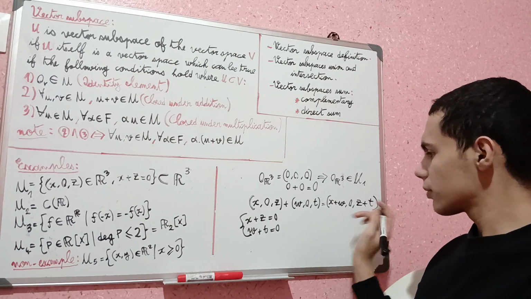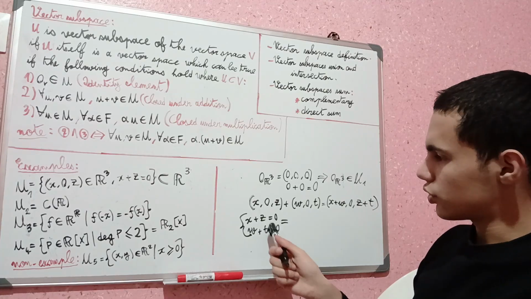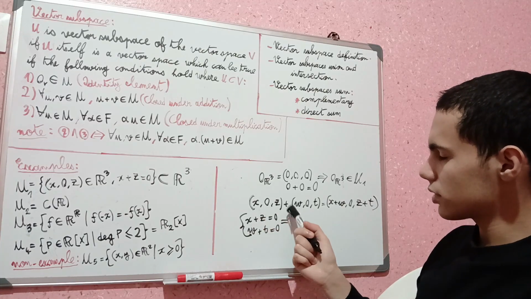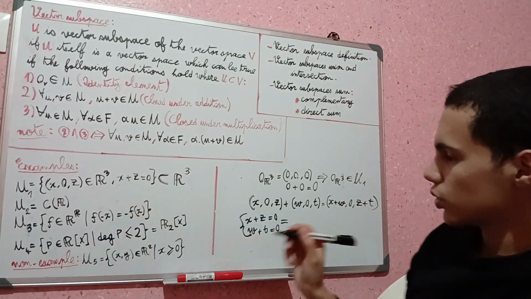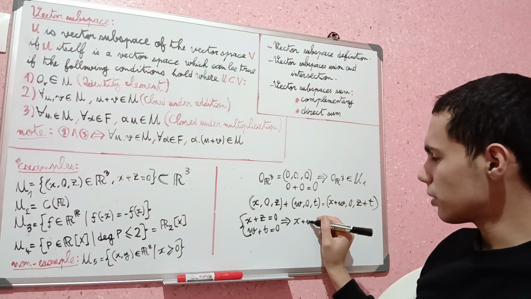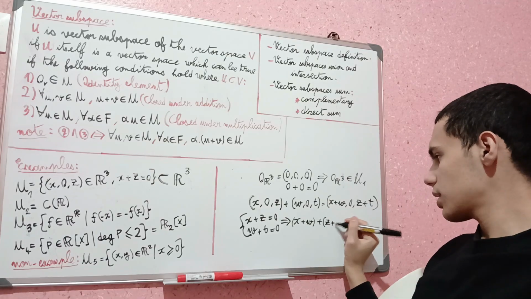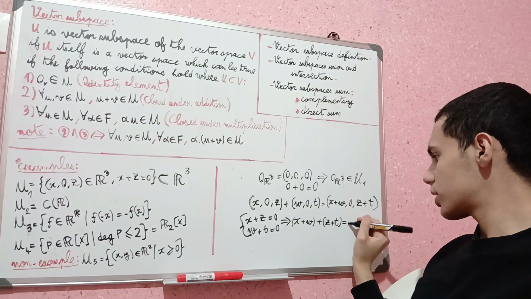Because these two are true, this implies that x plus w plus z plus t also equals 0.